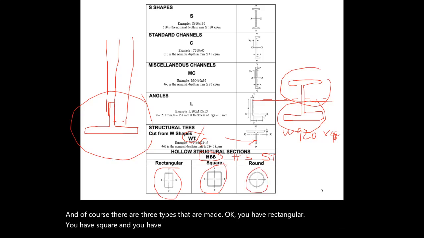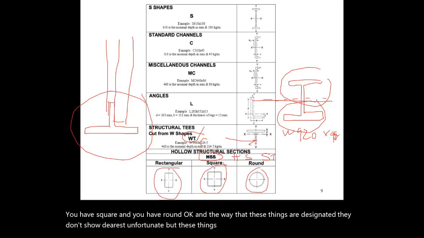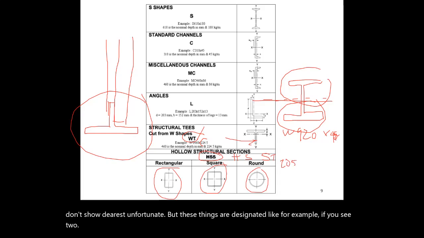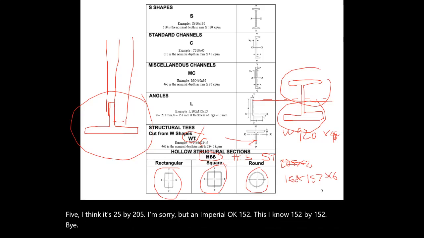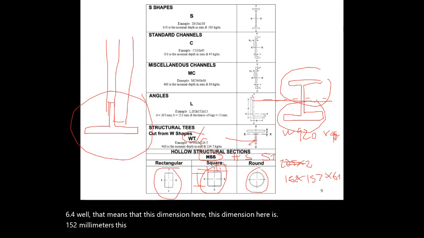Okay, and the way that these things are designated, they don't show it here. It's unfortunate, but for example, if you see 152 by 152 by 6.4, that means that this dimension here is 152 millimeters, this dimension here is 152 millimeters, and the 6.4 is the thickness of the wall.